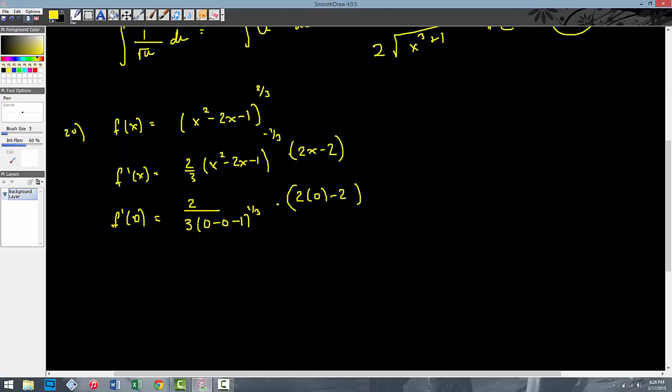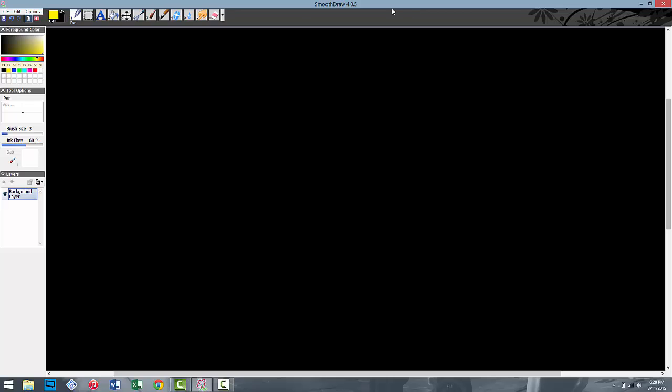So the negative is going to live because we're taking it to the 1/3 power, so it's going to be negative 2/3 times, this looks like negative 4 right here. Oh, just kidding, sorry, what am I saying? Not negative 4, negative 2. Got a little ahead of myself. The answer really is just positive 4/3. Let's keep moving.